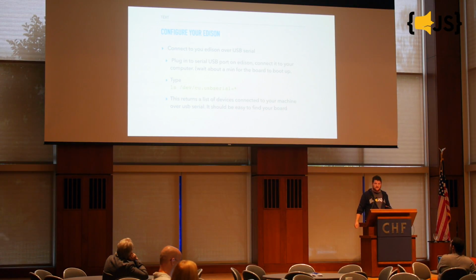Once you have your serial data port connected in, you're gonna go to your console and type ls /dev/cu.usbserial-*. That's gonna return you a list of all USB serial connected devices on your machine. And what you'll need to pay attention to is the number that comes up after usbserial-, because you're gonna need that for the next step.